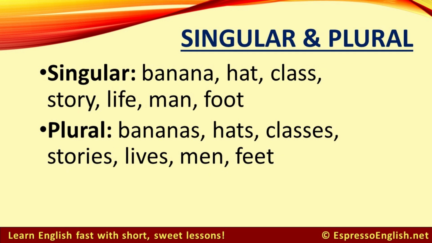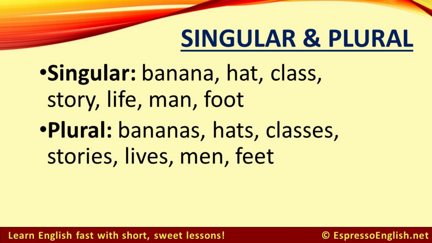Next, there are singular nouns talking about one thing and plural nouns talking about multiple things. Some examples of singular nouns are banana, hat, class, story, life, man, and foot. And their plural forms are bananas, hats, classes, stories, lives, men, and feet.